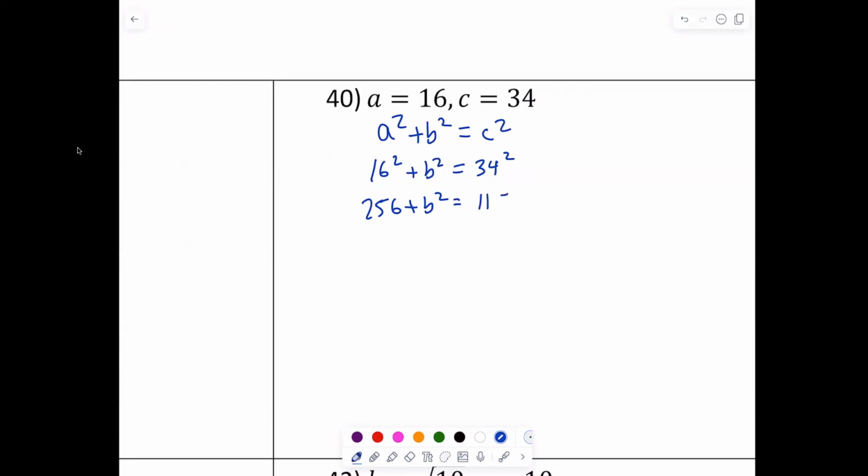Is that right? Somebody do 34 squared. I'm not sure if that's right. Is it? All right, so b squared is equal to 900. So b is equal to 30.